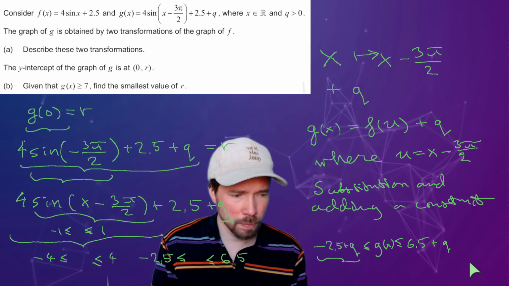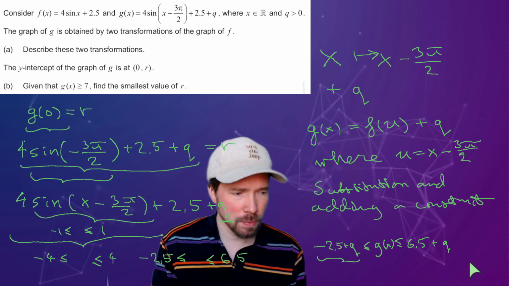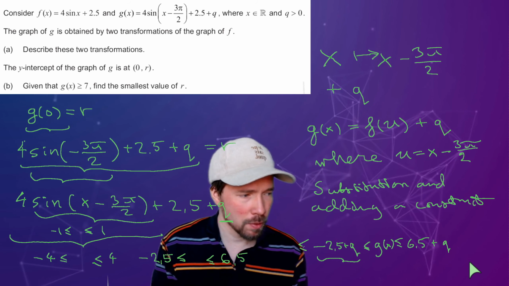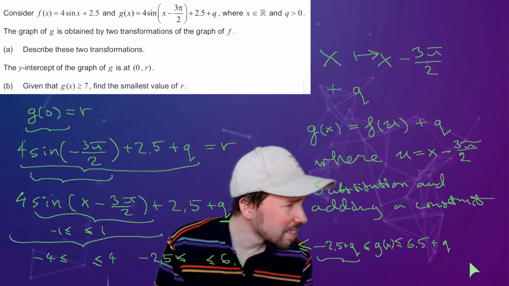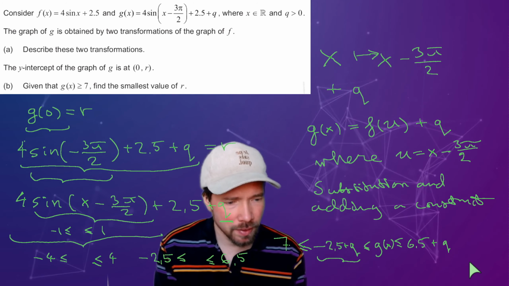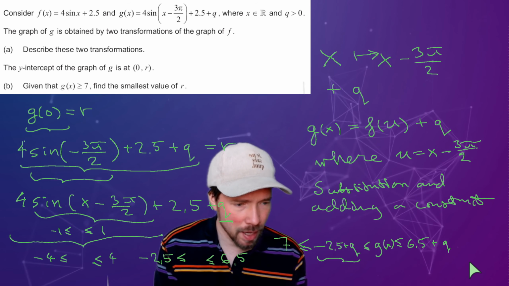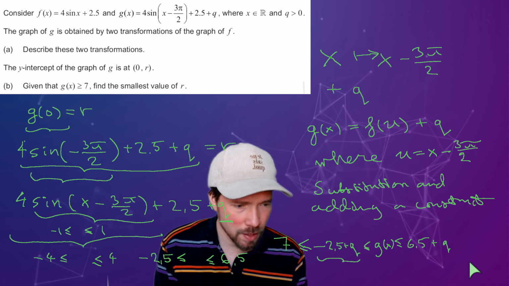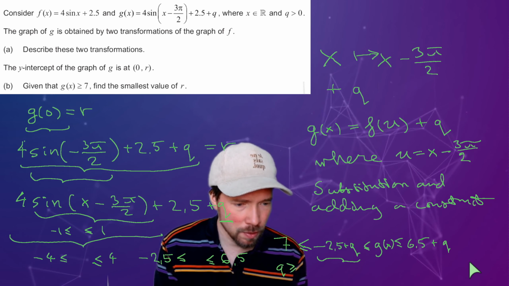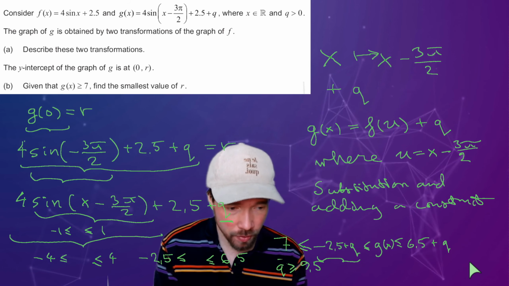So this is the lower bound for g. And when we're saying that this has to be greater or equal to 7, then this means, by simply adding 2.5 on both sides, that q must be greater or equal to 9.5.